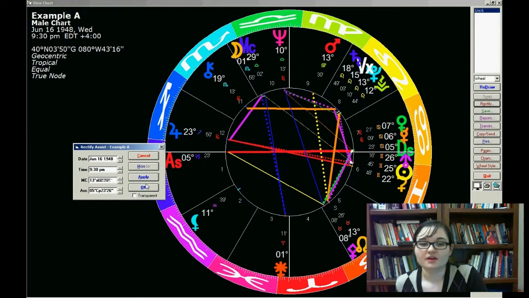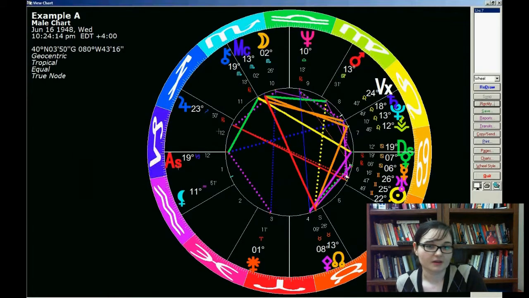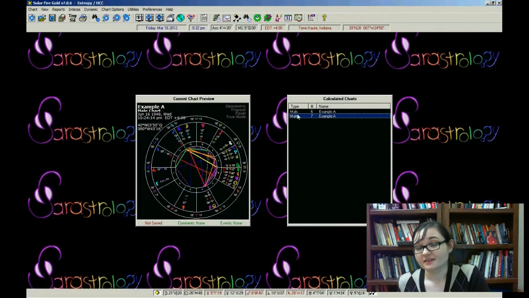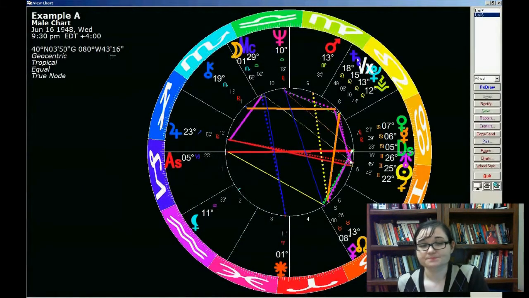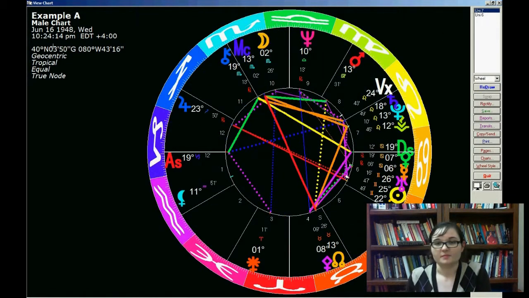And this person's approximate birth time was about 9:30 p.m., and with rectification, we found it to be 10:24 p.m., which was midheaven at 13 degrees Scorpio and the ascendant at 19 degrees Capricorn. So that is how you rectify a birth chart using this method.